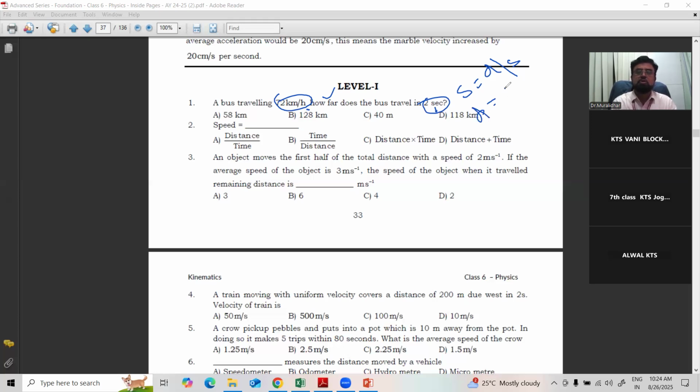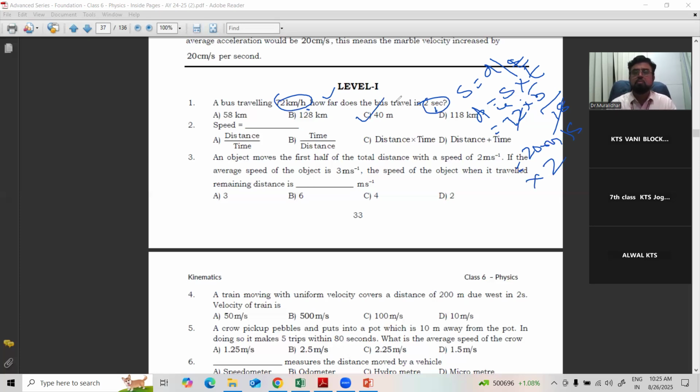Distance is equal to speed into time. What is the speed here? 72 km per hour. You have to convert into meter per second: multiply by 5 by 18. 18 fours are 72, 4 fives are 20 meter per second. So speed is 20 meter per second and time is 2 seconds. 20 twos are 40 meter.